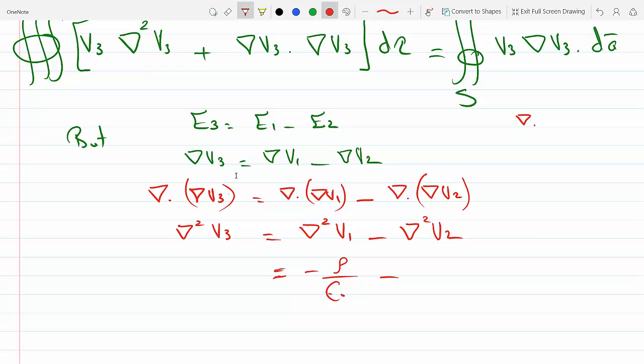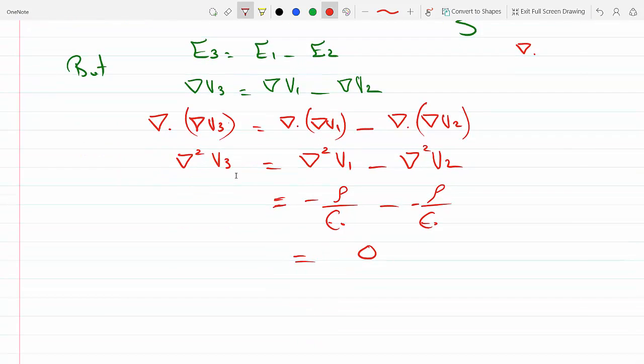Same surface charge, so minus rho over epsilon, and this is just what? 0, right? And so that means the Laplacian of V3 is 0, right? And what's the gradient of V3? That's just negative E3. Correct?